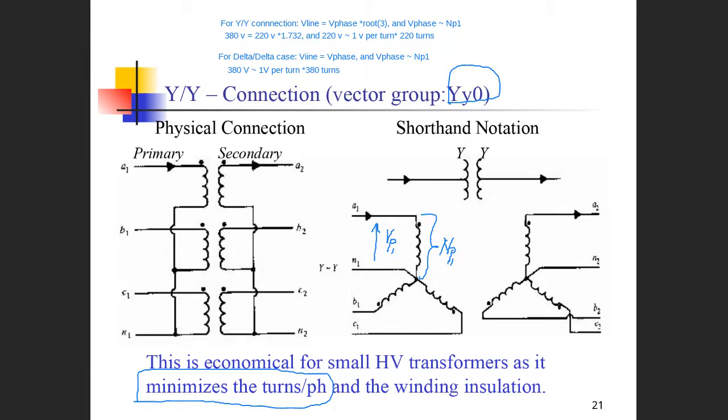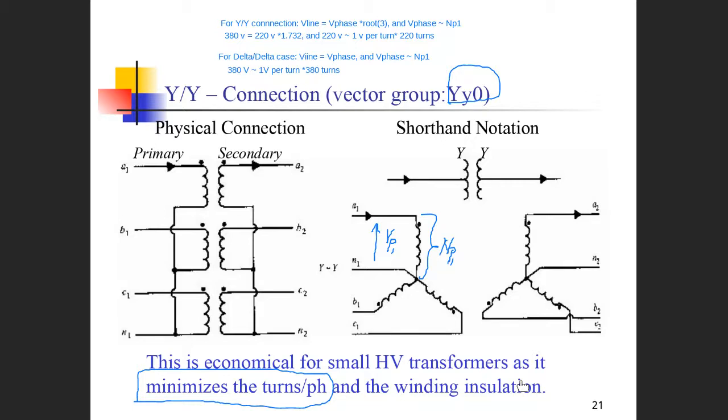So if you require fewer turns per phase, then you can use the star-star connection. So why do we say it is used for small high voltage transformers? When the voltage is higher, theoretically we require more turns of windings, because the voltage produced per turn of the transformer is limited.